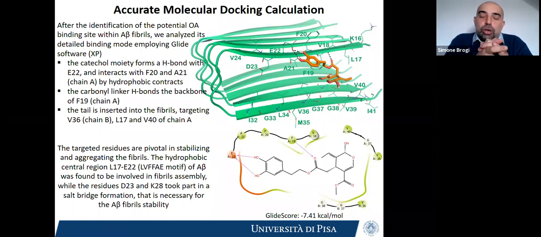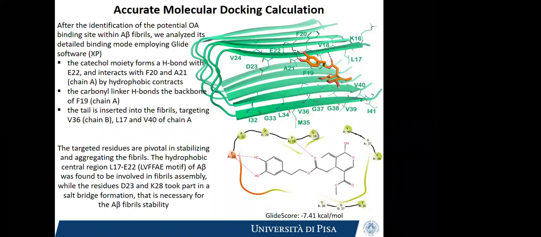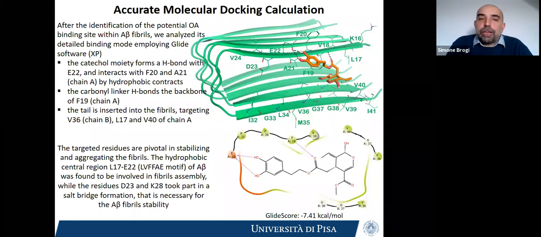The output of the docking calculation is reported in the picture, and as you can see, we found that the catechol moiety of oleuropein aglycone is able to form two H bonds with glutamate 22, and it is also able to interact by hydrophobic contacts with phenylalanine 20 and alanine 21.